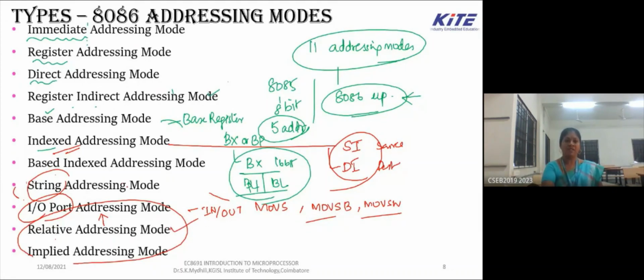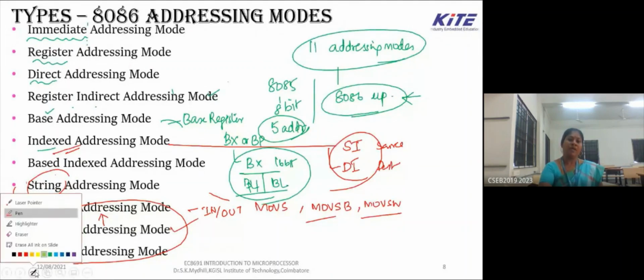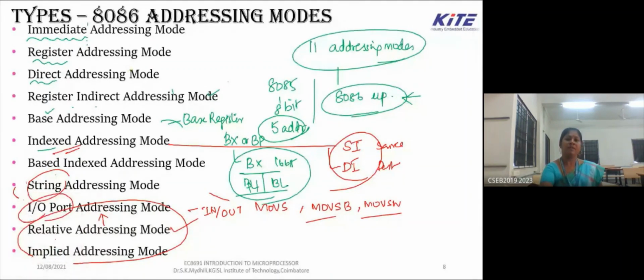Among these, which is a very easy addressing mode? Any idea? The very easy addressing mode will be the immediate addressing mode, or sometimes the direct addressing mode and register addressing mode, which directly give what is to be done.